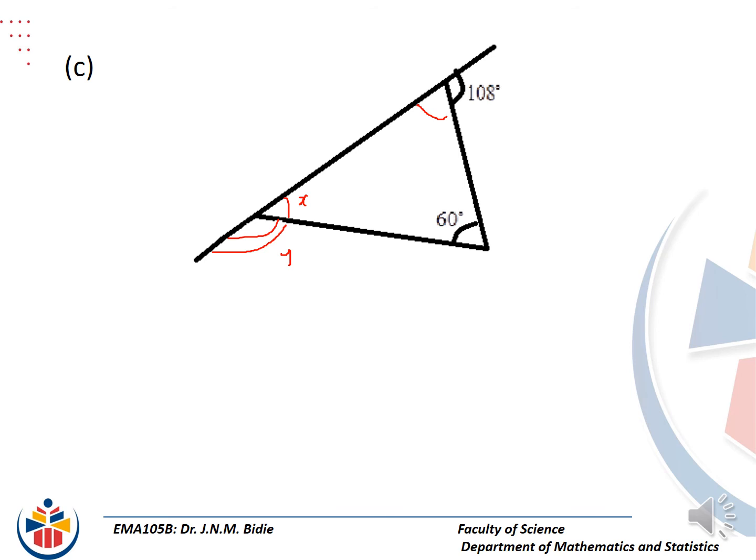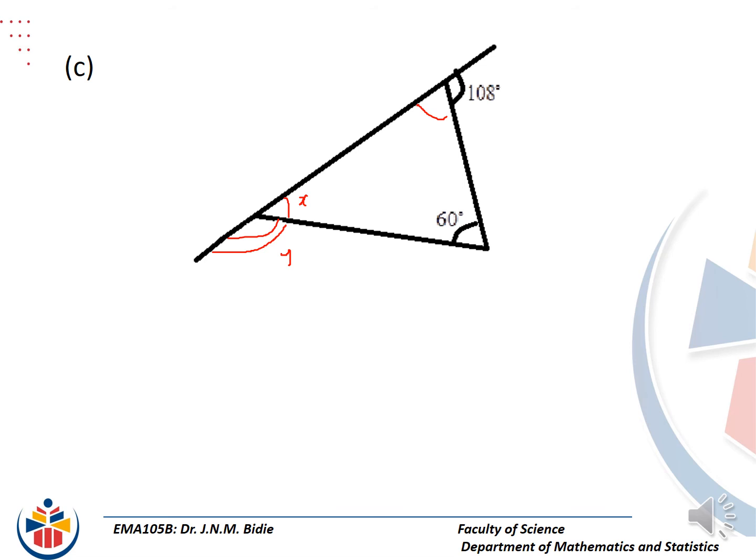Why are we doing that? All we know is that X plus 60 is equal to 108, and our reason is exterior angle of a triangle is equal to the sum of the two interior opposite angles. So that means we're getting here X is equal to 48 degrees.